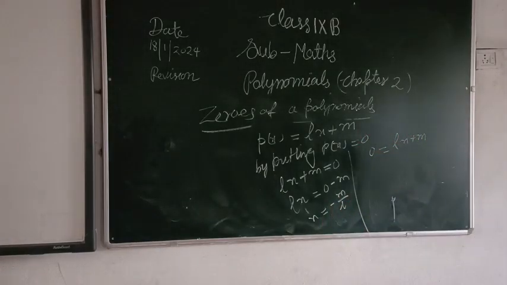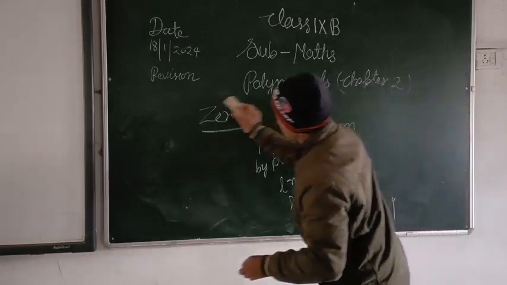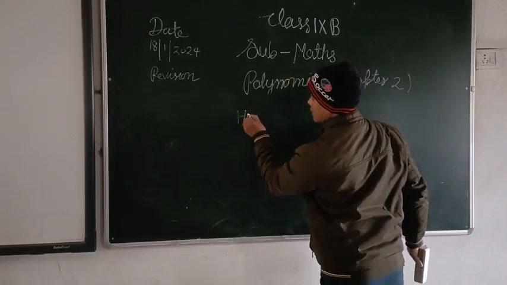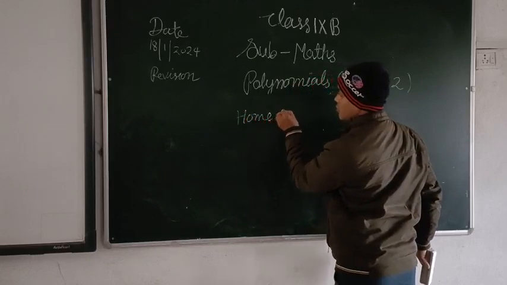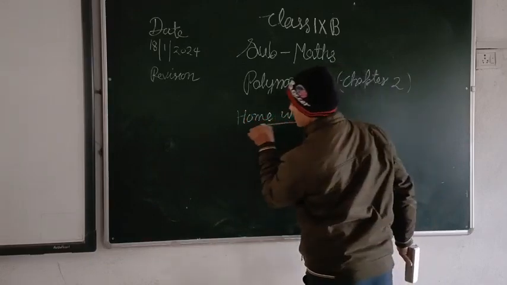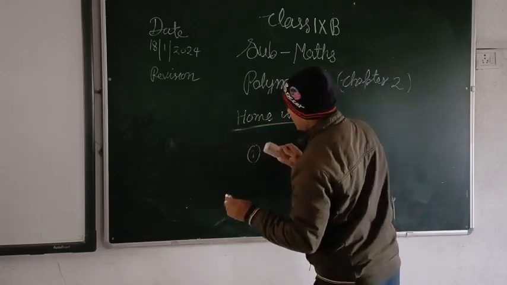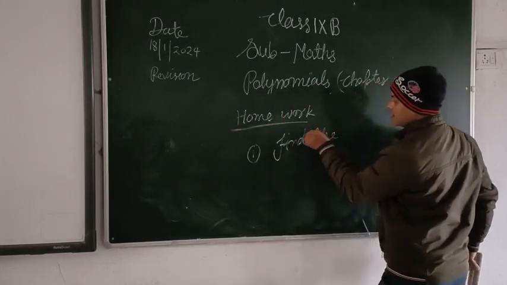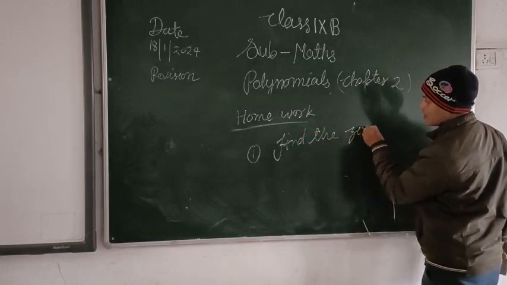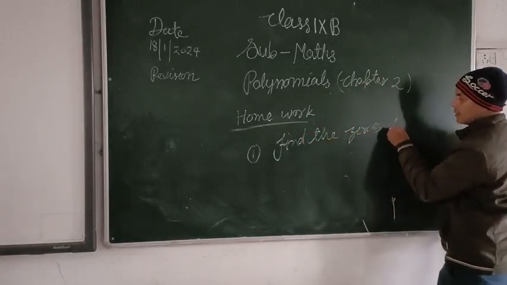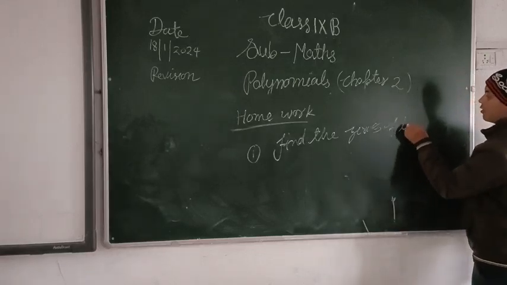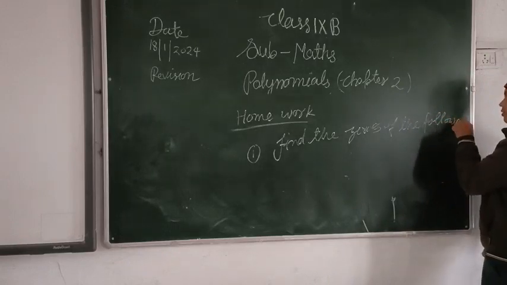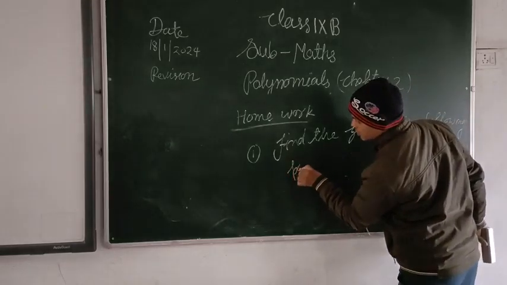So you have some homework. Find the zeros of the following polynomials.